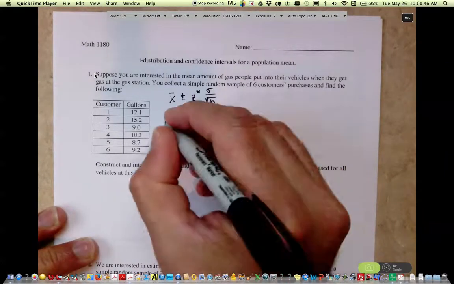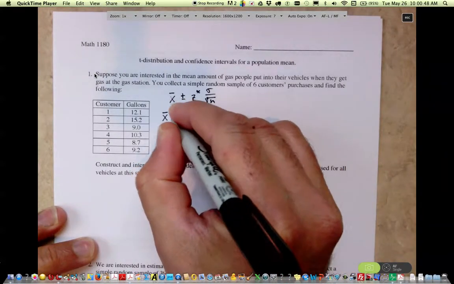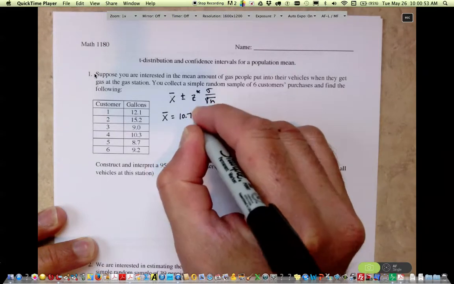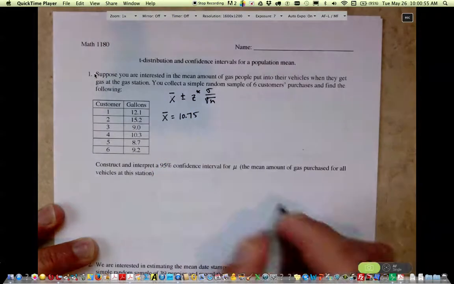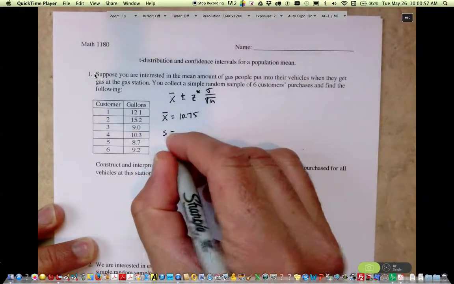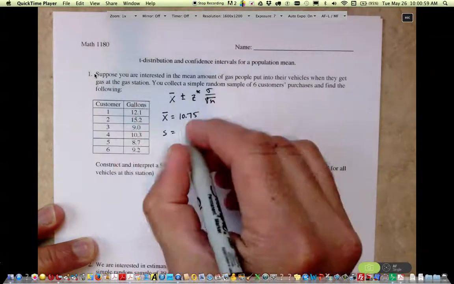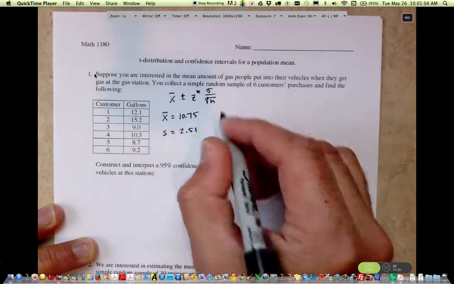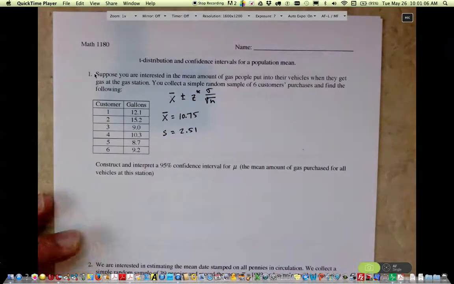All right, so I'll tell you that when you calculate the mean, you're going to end up with the mean amount of gas that people put into their cars is 10.75. And the standard deviation for these 6 cars is 2.51. Right, and this is the sample standard deviation, not the population standard deviation.